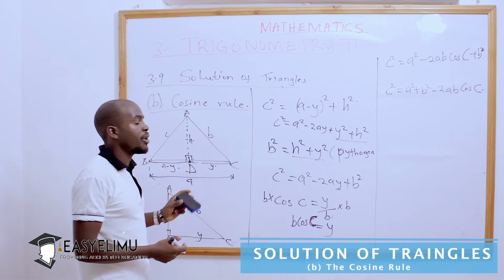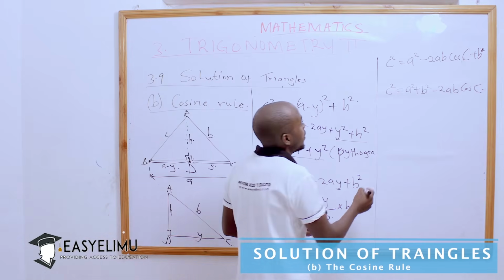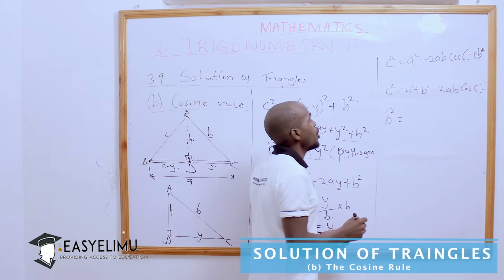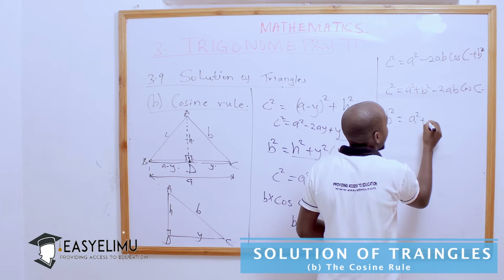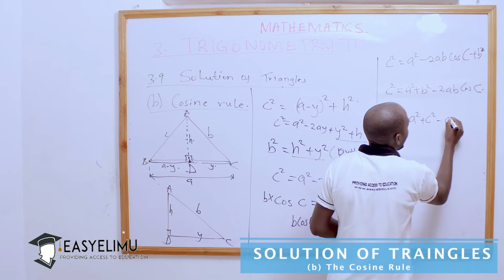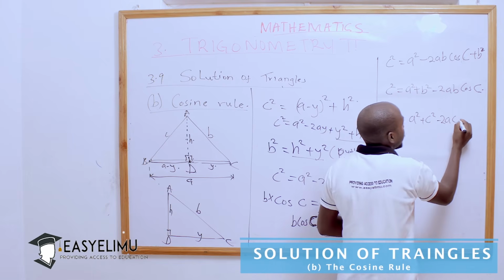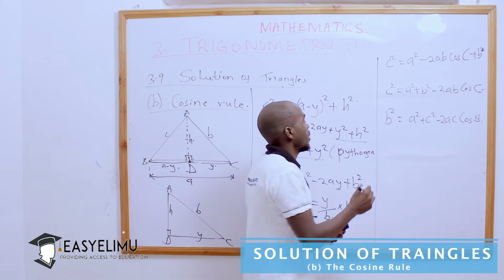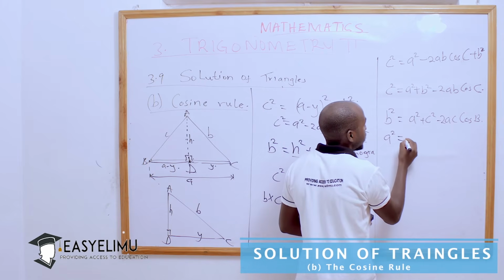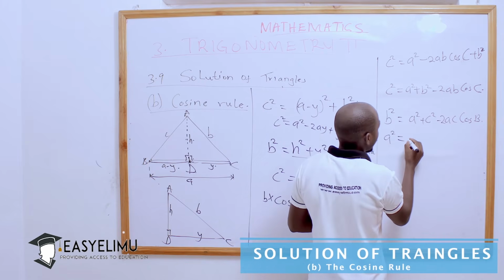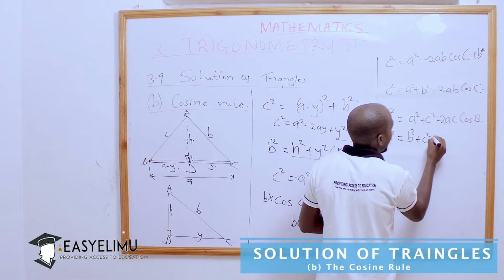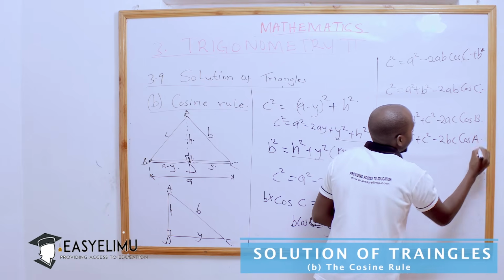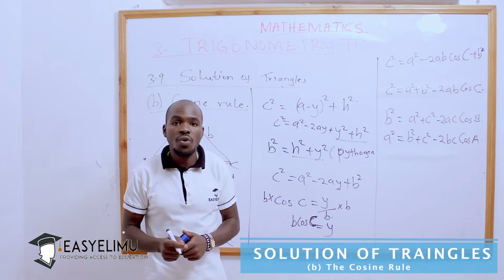If you work out the others too, in case you make B squared the subject of the formula, you are going to get A squared plus C squared minus 2AC cos B. And if it is A, then you shall have A squared is equal to B squared plus C squared minus 2BC cos A. That is how these things work out.